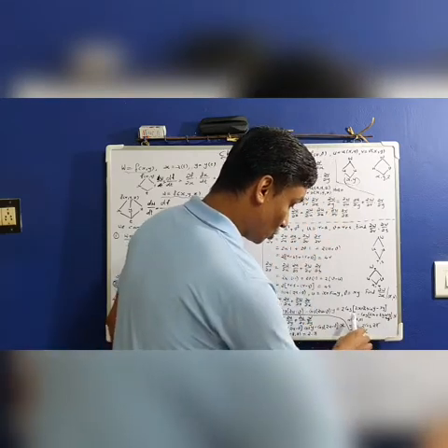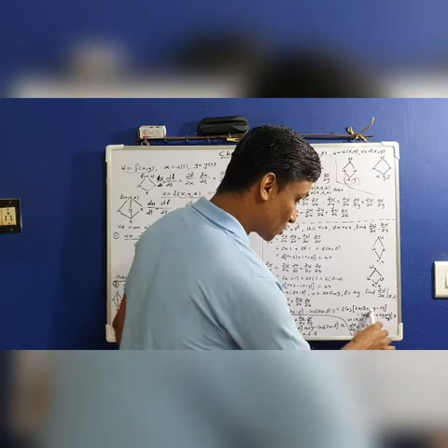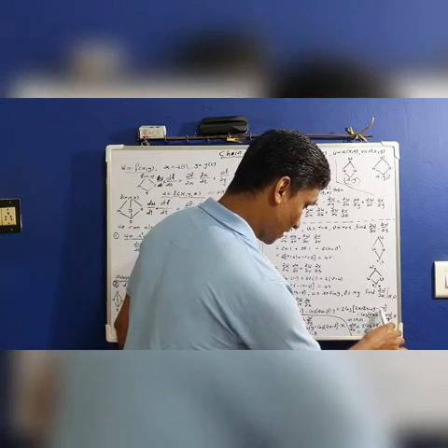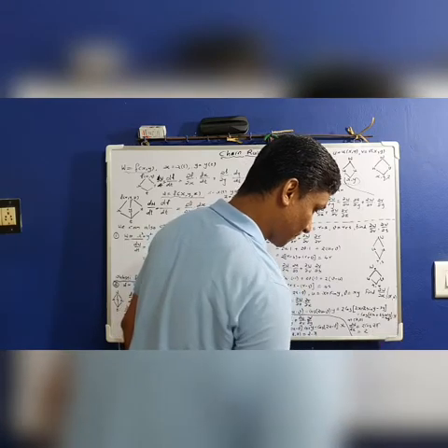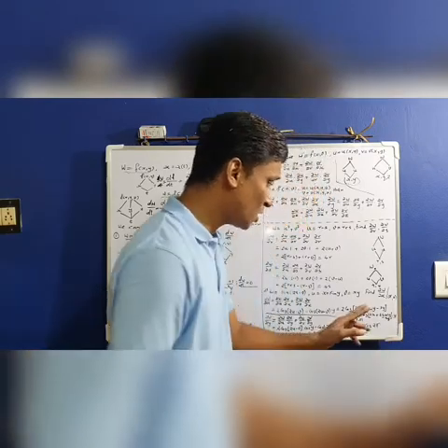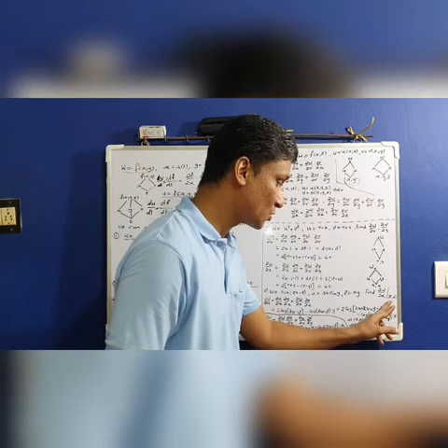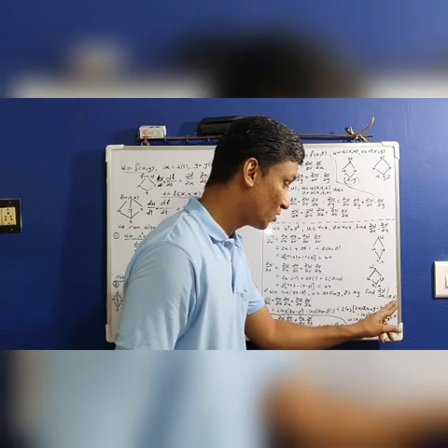So 2 cos of 2x plus 2 sin y minus xy, into minus cos of 2x plus 2 sin y minus xy, into y.